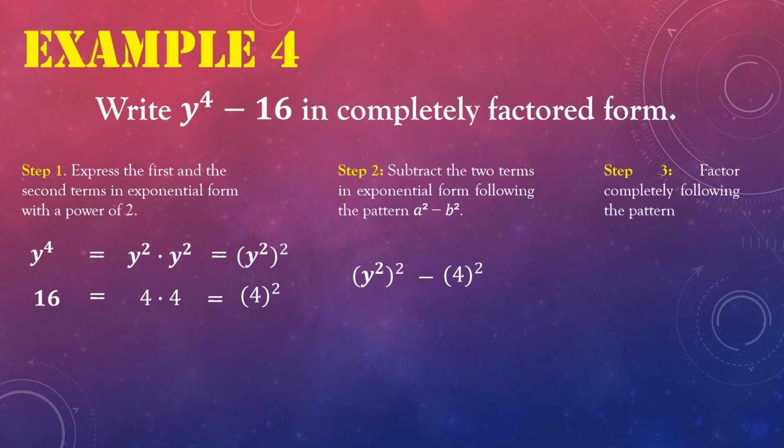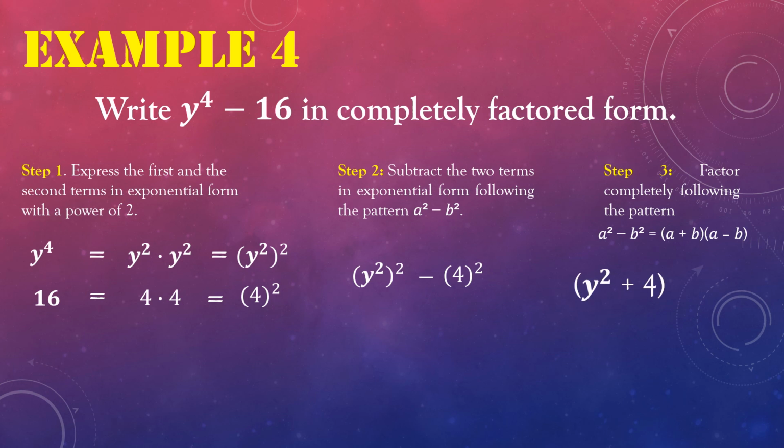Then, step 3, we are going to find the factors using the pattern a squared minus b squared is equal to a plus b times a minus b. So what do you think are the final factors of the expression? Let's check.